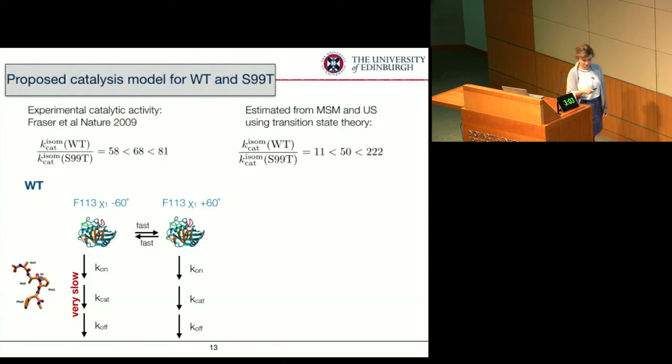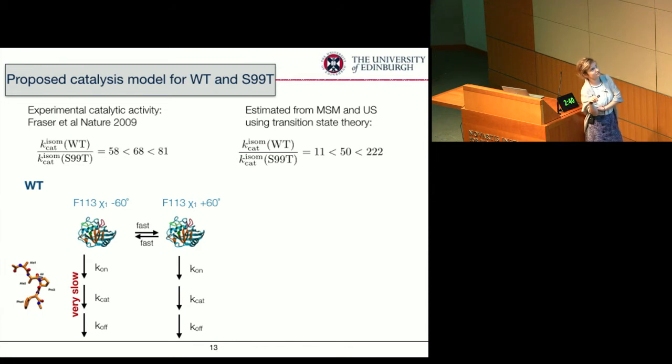So this leads us to proposing a slightly different model for catalysis than done by the experimentalists. So basically, they look at isomerization. So these rates for the wild type and the mutant, they can define a ratio between them.